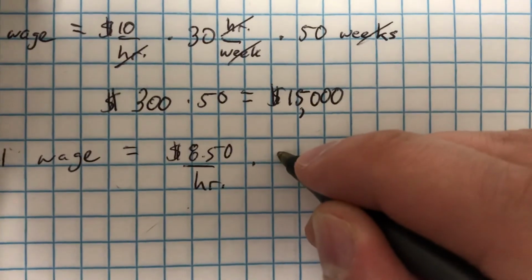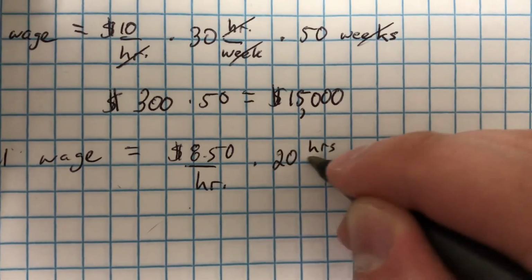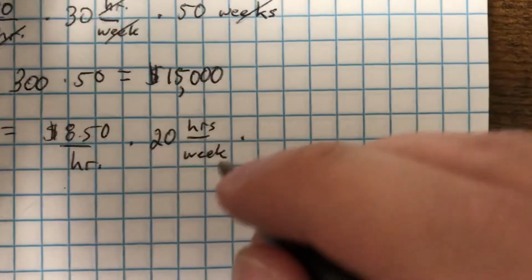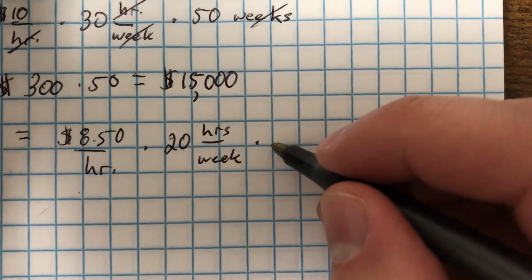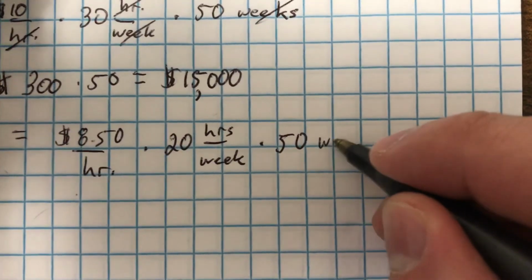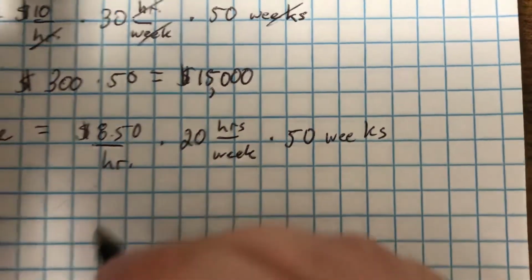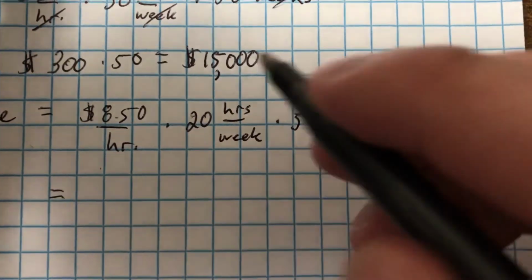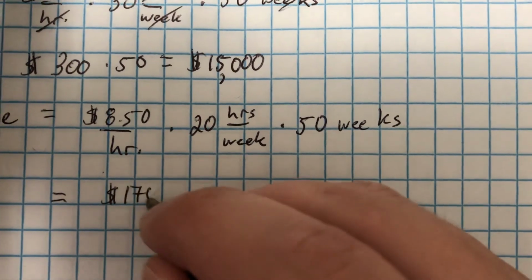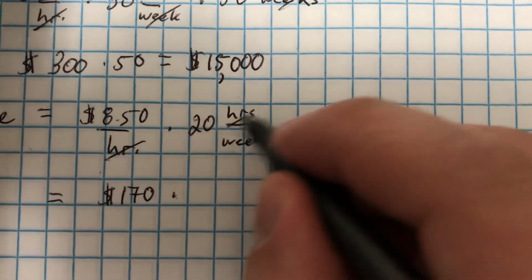And remember, I'm only working 20 hours a week. And let's say I am able to do this year round because somehow that's going to be enough money for me. Well, we know that $8.50 times 20, that's $170 per week times 50.